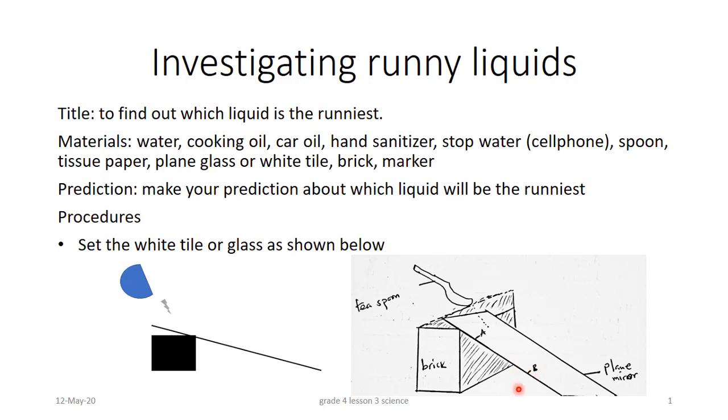And thereafter you clean your spoon, you take a portion of another liquid, and you do the same. You clean the plain mirror, you label again, and then you let it flow. Thereafter you record the time taken for the liquid to flow from point A to point B.